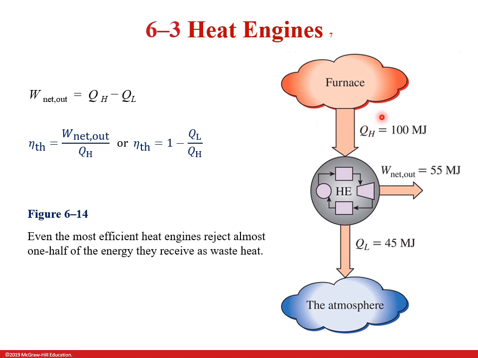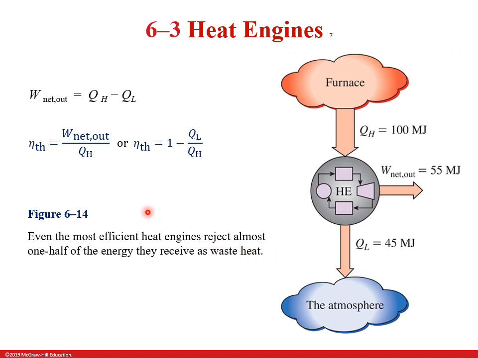Now here we have some numbers associated with heat input and heat rejection. We've got 100 megajoules in, we get 55 megajoules of work out, and we get 45 megajoules of heat dumped to the atmosphere.